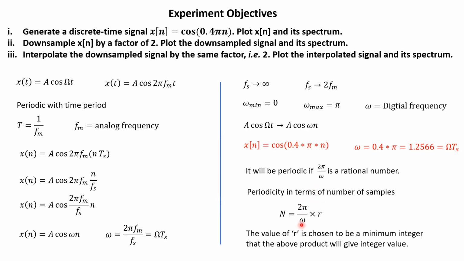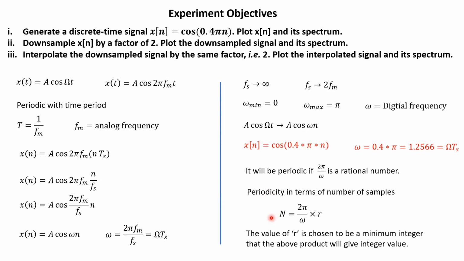So this ratio becomes 5. Here we choose r equals 1. Because this ratio is 5, the periodicity in terms of number of samples for the given cosine signal is N equals 5. So it will be periodic with number of samples equal to 5. That we have to see while plotting.